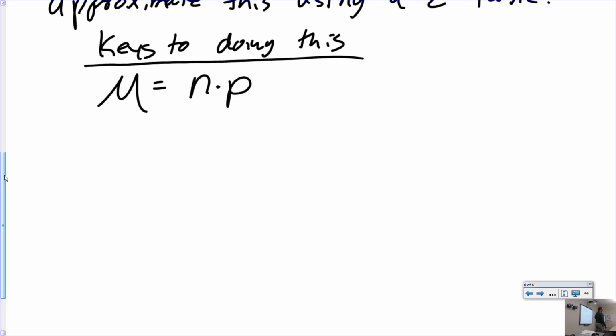Or take n, 150, and multiply by 0.1. Makes sense, right? All I'm doing is putting it into statistical nomenclature. The other thing we need in order to calculate our z's is the standard deviation. And the standard deviation of these probabilities is going to turn out to look like this.